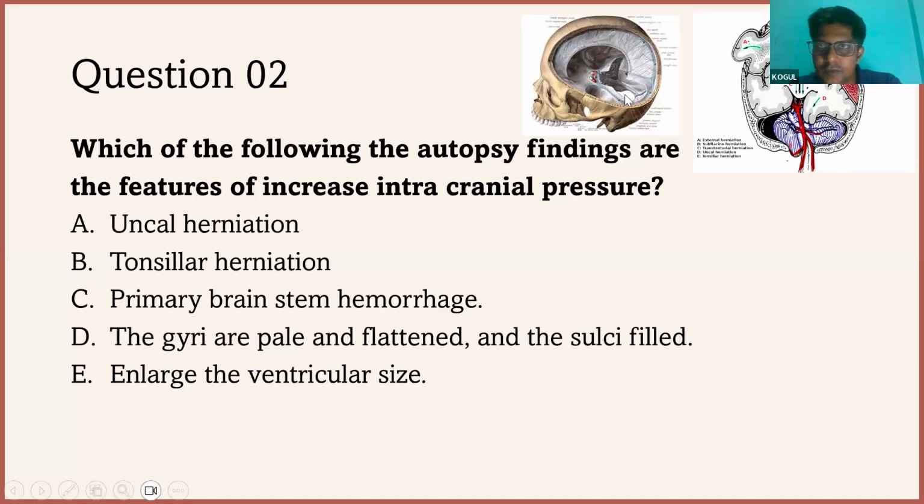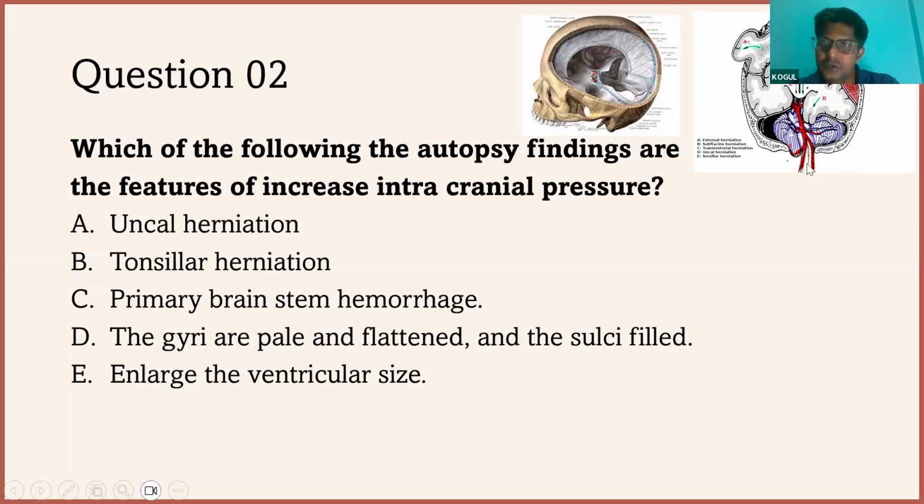So this is called uncal herniation. The inner part of the temporal lobe will herniate. Like that, there is the foramen magnum opening. So this area will go; here is cerebellar herniation. That's called tonsillar herniation. So this can occur. Then at the same time, this is the brainstem.